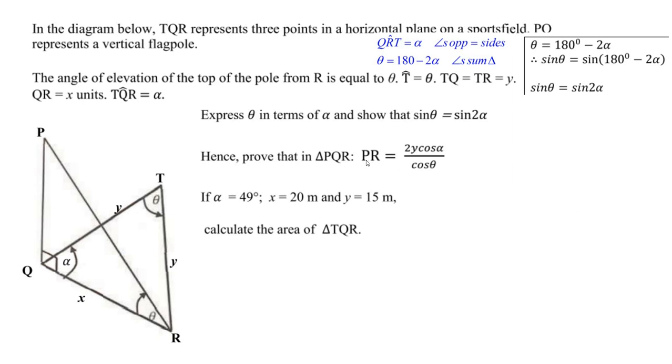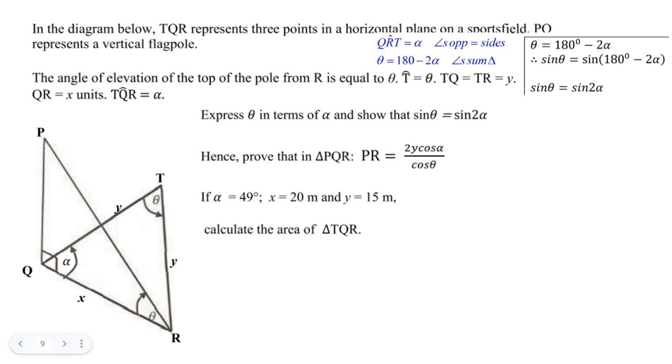Now we're supposed to show that PR equals this. I would do it slightly differently than the memo does, but it's the same thing. First you look, for me, there's a link, QR. X is the key to this thing because it's the link between the two triangles. And X over PR equals the cosine of theta there.